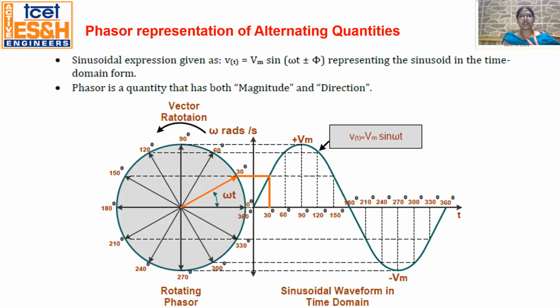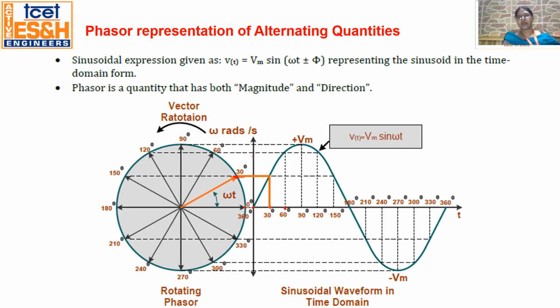How can you represent your alternating quantity? Your alternating quantity is represented in two ways: in the form of a vector or phasor, or in the form of a waveform. This is the waveform, and the same thing is represented in the form of a phasor also. This same point represents 60. This is 0, and here it is also 0.